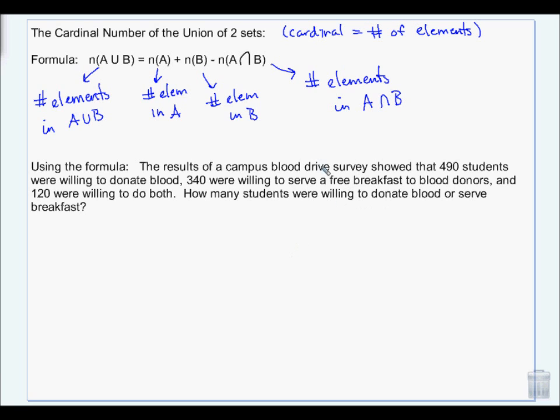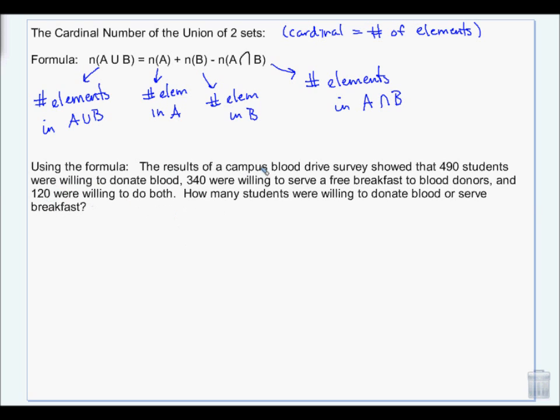So there's a campus blood drive survey that shows that 490 students were willing to donate blood. 340 were willing to serve a free breakfast to blood donors, and 120 were willing to do both. Okay, if you're willing to do both, that makes you the intersection, right?